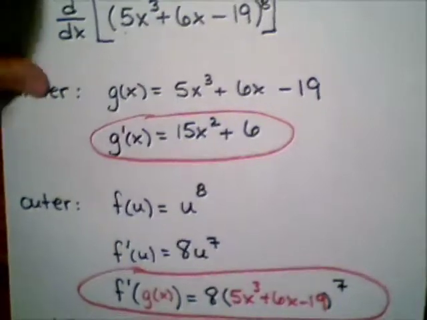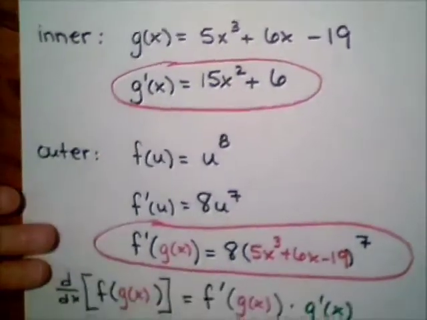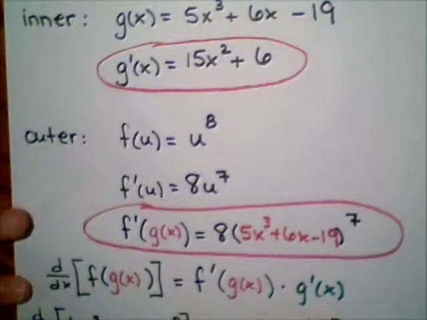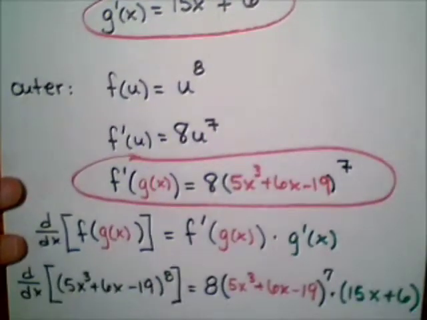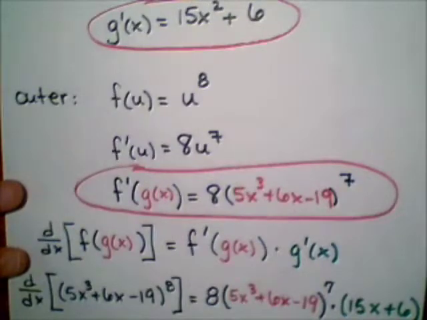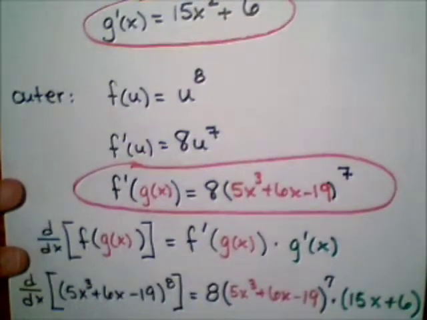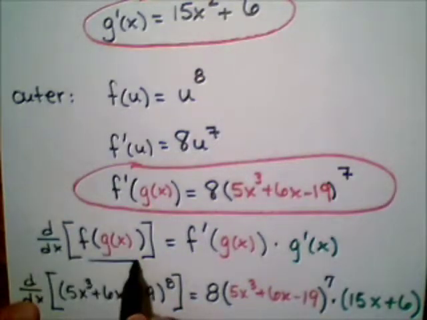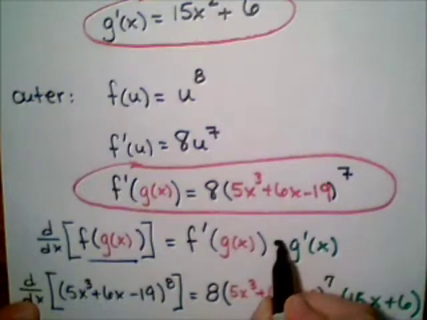Okay. And let's see how this is going to work out. I'll remind us of the rule, and we'll put our two calculations together to get our derivative. Okay. Again, the rule. The derivative of a composition ends up being a product.